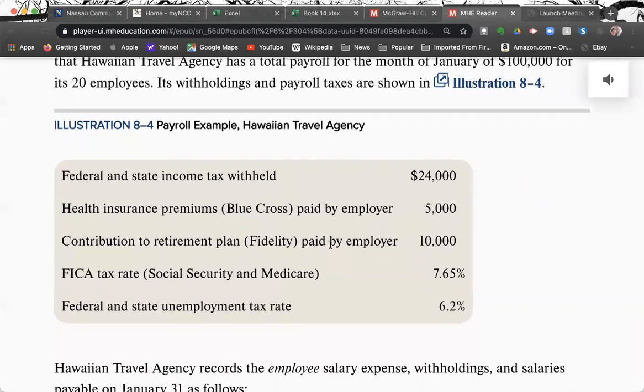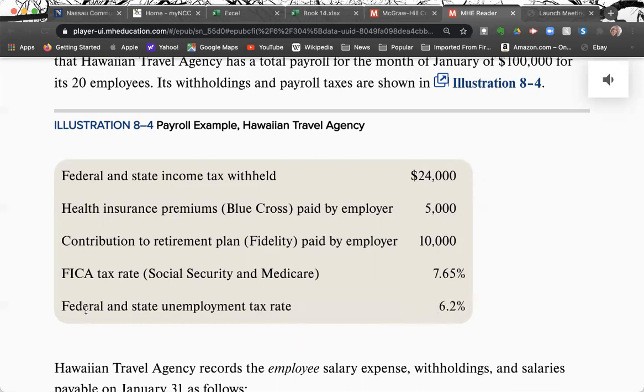What amounts were taken out of the paycheck? Federal and state income tax, Social Security tax. Now here, they're giving you the rate. The Social Security tax is 7.65%. And the federal and state unemployment tax, 6.2%. Now we'll see how they handle that, because here it's combined, right?